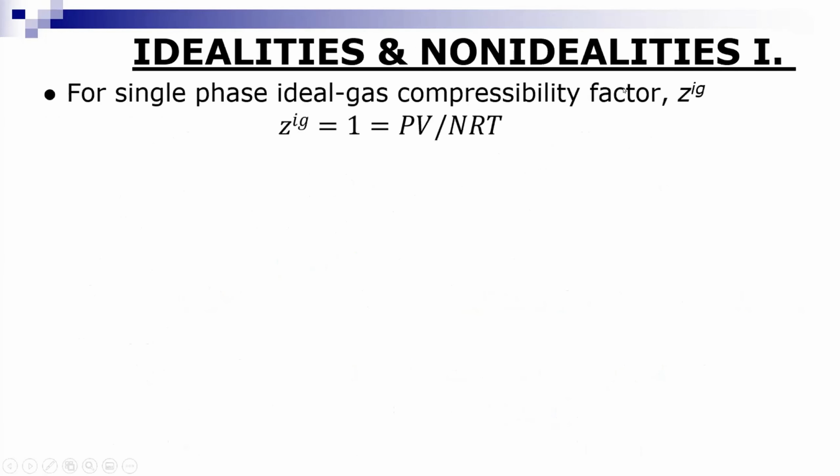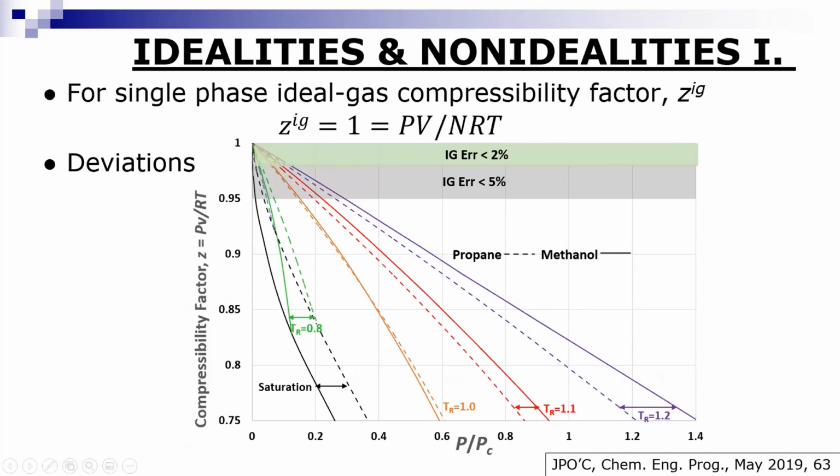So let's talk about single phase ideal gas compressibility factor, where it would be equal to unity. There was a paper that I wrote a couple of years ago in Chemical Engineering Progress, which is the publication of the American Institute of Chemical Engineers, related to whether one worries about ideality, non-ideality in vapor phases.